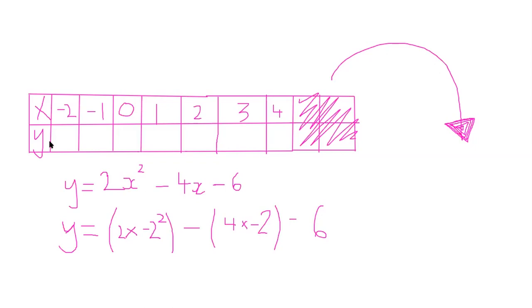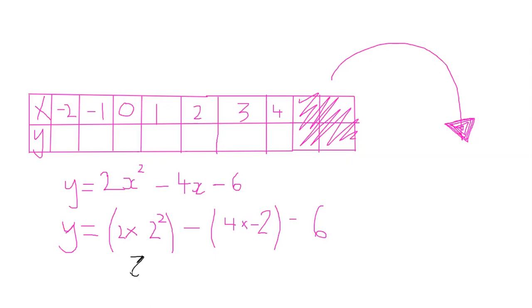2 times -2 is -4. -4 squared is 16. -2 squared is 4. Then 4 minus 8.